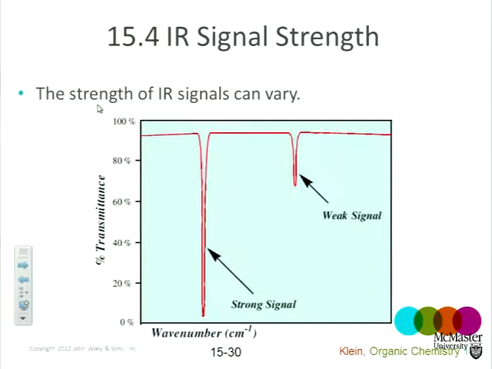Okay, so the strength can vary. Strength is a function of the dipole of the bond. So it turns out that a very symmetric bond with no dipole, like a CC double bond in ethene, for example, there's no dipole and it's a symmetric molecule. And in fact, absorption turns out to be very weak in those cases.